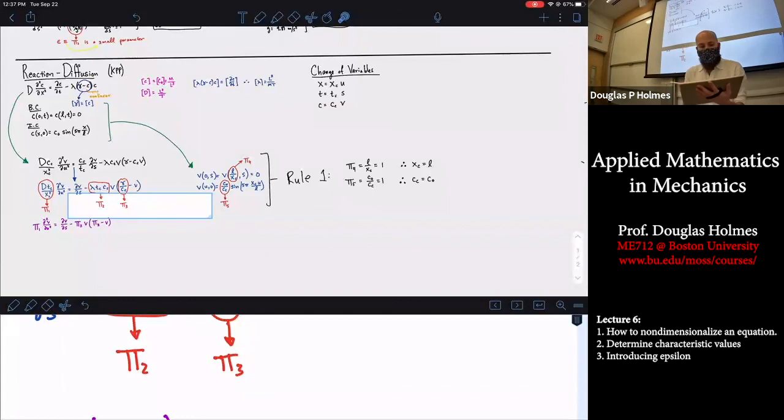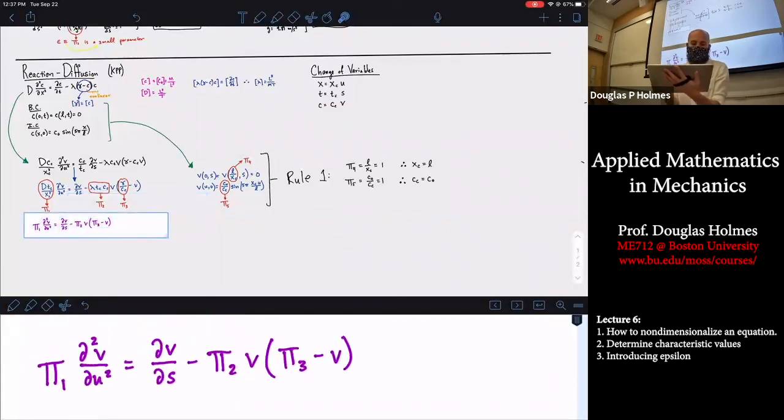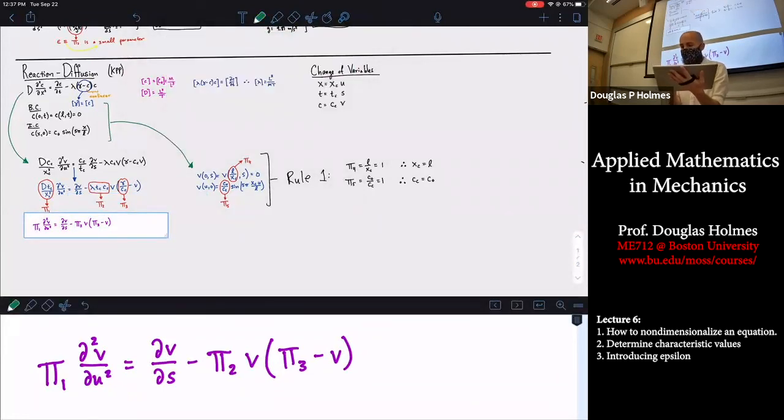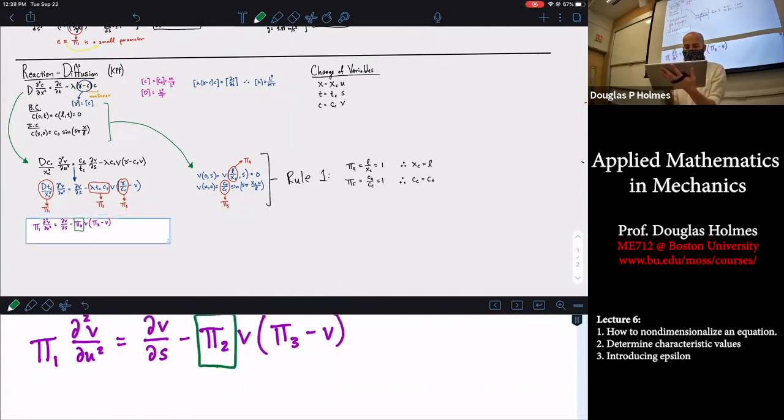So we can first say, well, let's set this equal to 0 and look at the weak nonlinear problem.